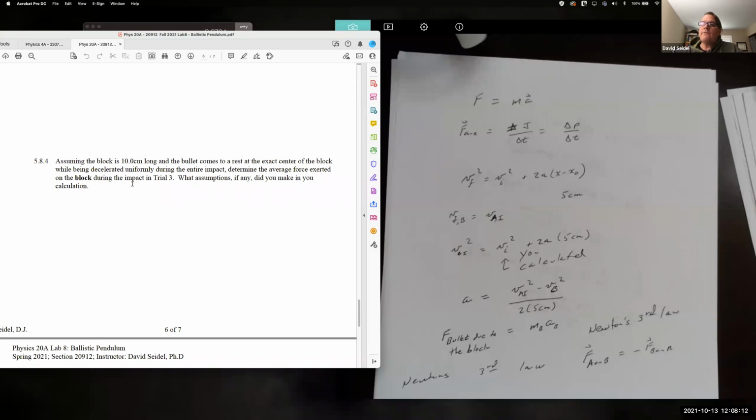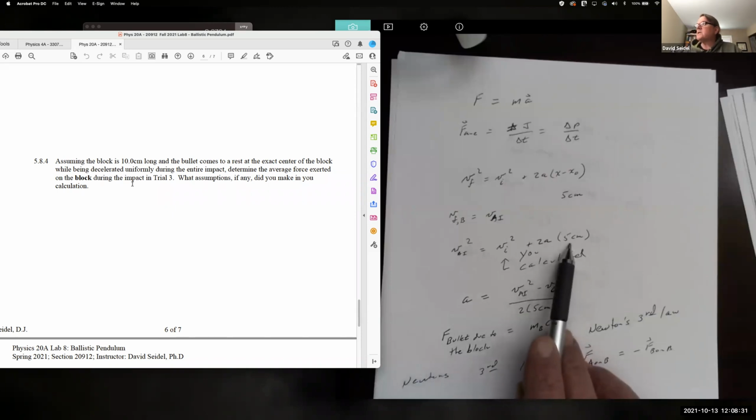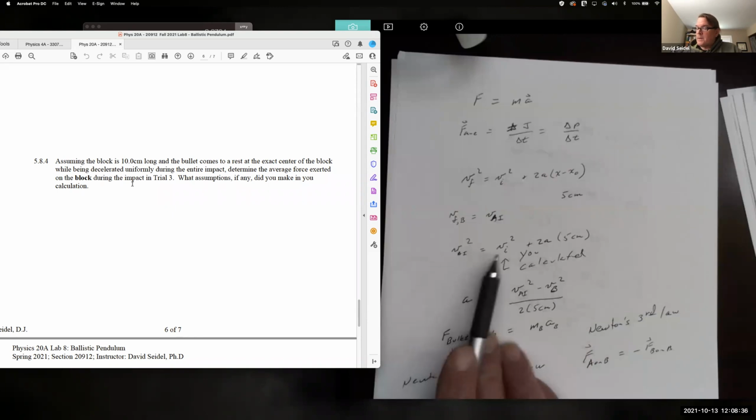But I don't have the information to get the force exerted on the block during impact. At least it's not obvious that I have the information, but it is obvious that I have the information for the force exerted on the bullet by the block during impact, because I have a distance that it came to a stop.